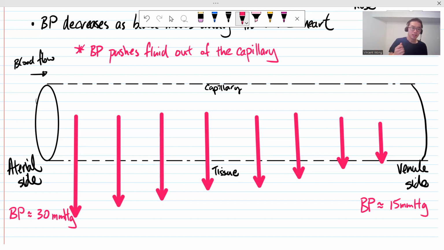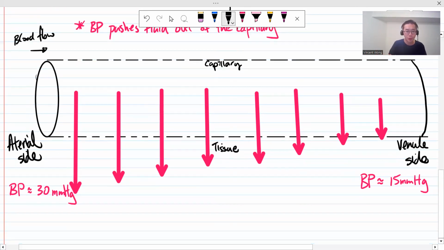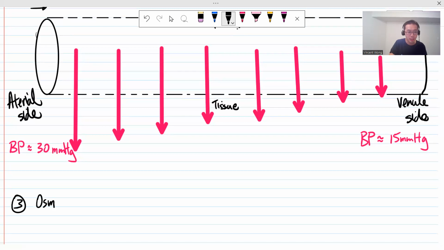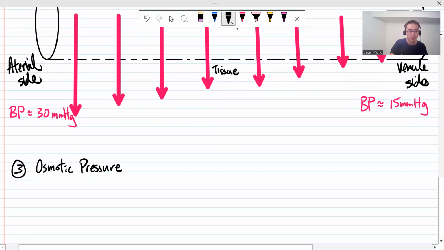Okay. So we must have a counteracting force to balance out the blood pressure. Right? And that takes us to the third factor, which is what we call the osmotic pressure. So let's explain what this is first.